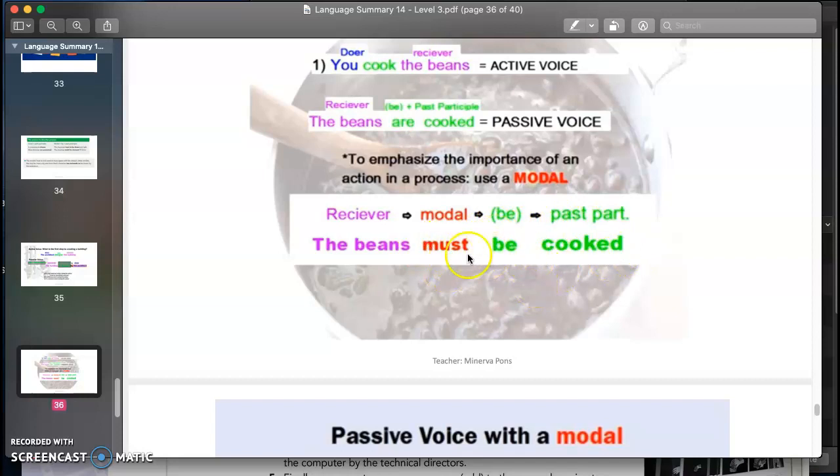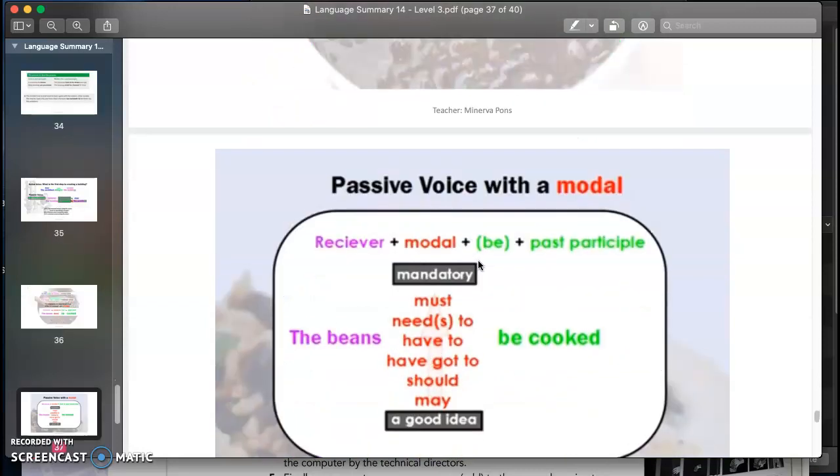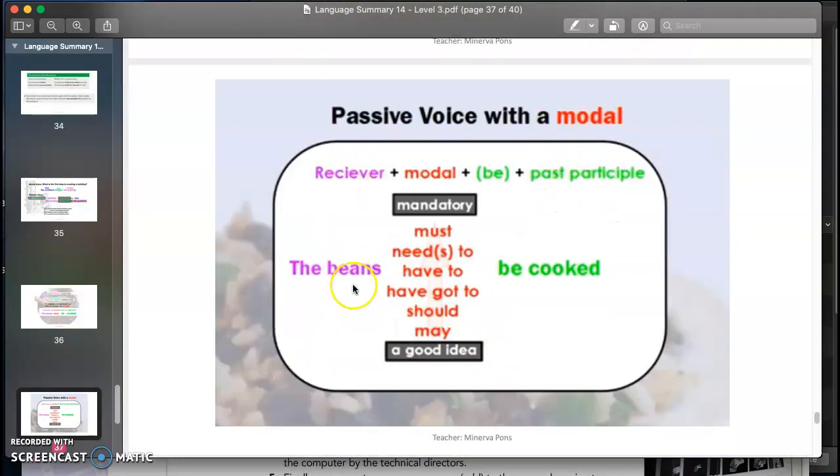In here we are using a modal to emphasize the action. So we have a passive voice with a modal: the receiver, then the modal, and then the verb be plus the past participle. The beans must be cooked, need to be cooked, have to be cooked, have got to be cooked, should be cooked, or may be cooked.